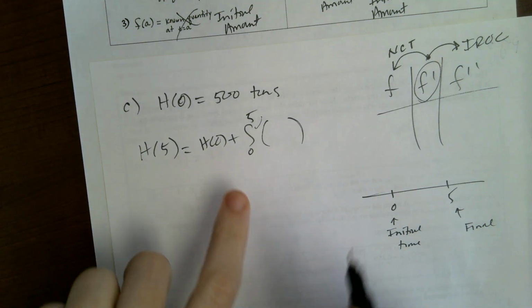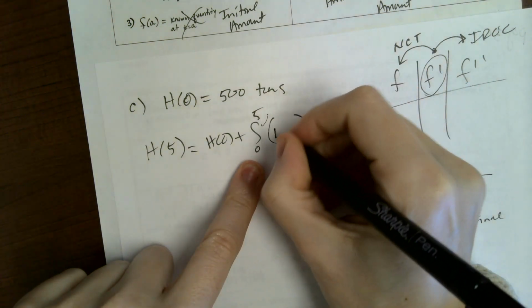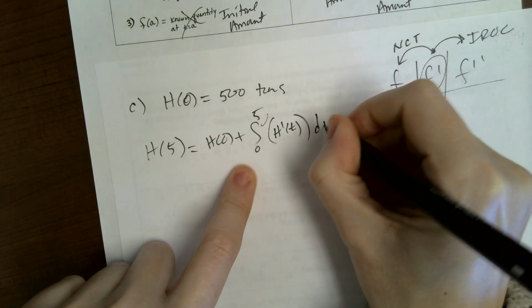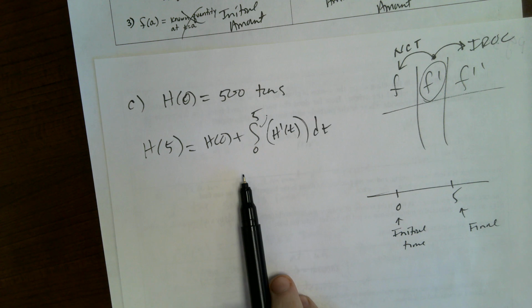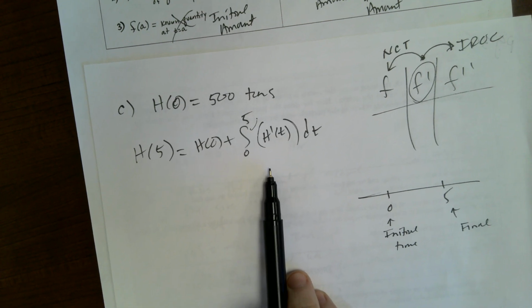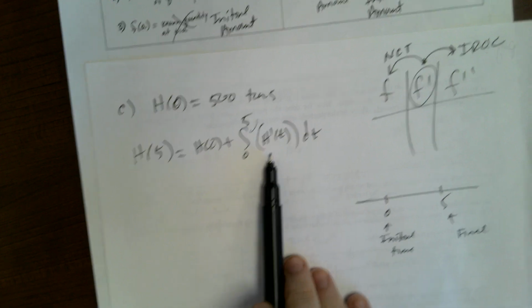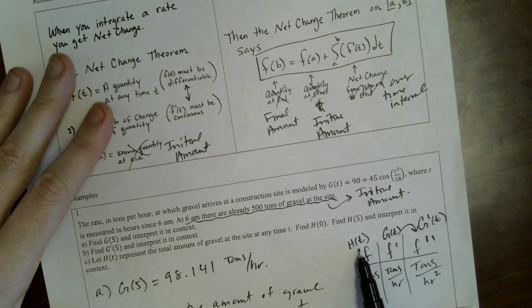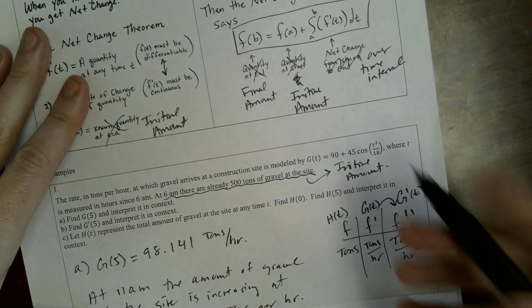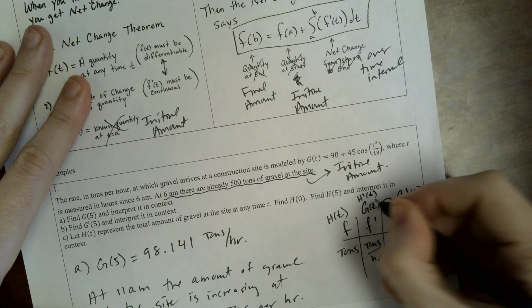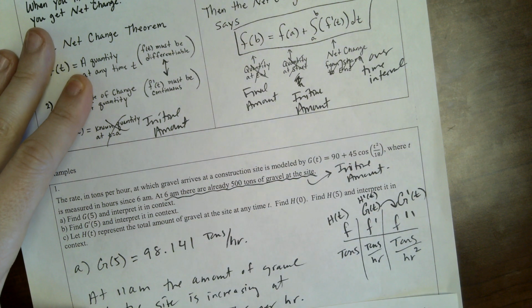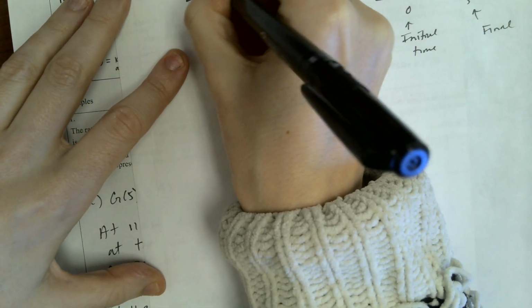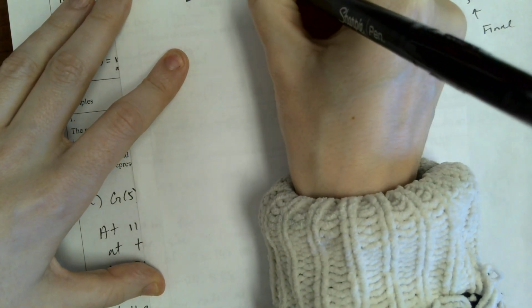You integrate a rate. So I'm integrating H prime of t dt. Okay, this is how you set it up with notation, the net change theorem. But what is H prime of t? If I took the derivative of H, I would land over here. So H prime of t is g of t. So H of 5 is 500 plus the integral from 0 to 5 of g of t dt.